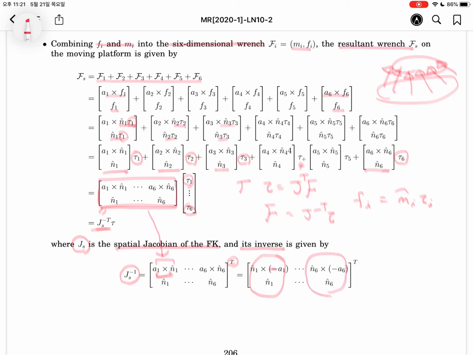This is the screw of the last leg, the sixth leg. So by collecting the screws, we can determine the inverse Jacobian. It makes the pole kinematic issue an easy one using the inverse. After collecting every screw of the legs, if you take the inverse operation, then we can determine the space Jacobian of the pole kinematics.